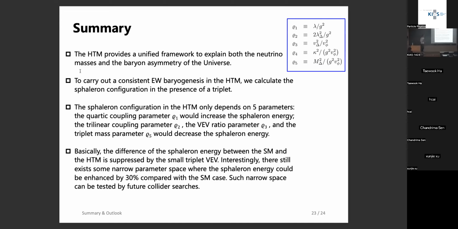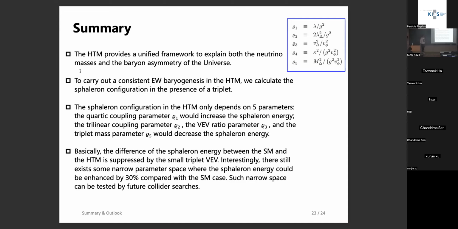And we find that the quartic coupling parameter rho 1 will increase the Sphaleron energy, while the trilinear coupling rho 2, the VEV ratio parameter rho 3, and the triplet mass parameter rho 5 will in general decrease the Sphaleron energy. And basically, because of the constraints from electroweak precision measurements, the difference in Sphaleron energy between the Higgs triplet model and the standard model will be highly suppressed by this small triplet VEV.